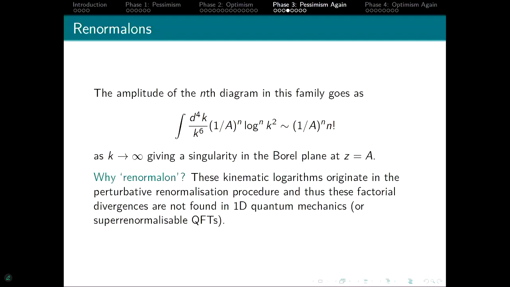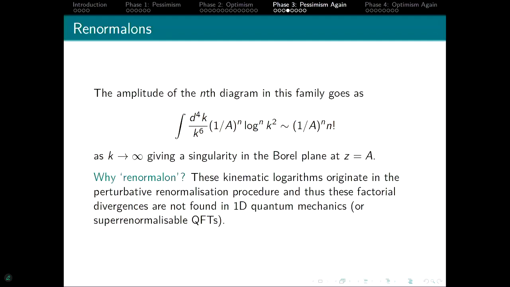So I'm not going to go through this in detail, but the idea is that we can write down a form of the integral we need to evaluate to evaluate these bubble chain diagrams. And then if we look at what happens as momentum goes very large, in the case of QED, we can argue that that integral is going to lead to a factor of n factorial at each order.